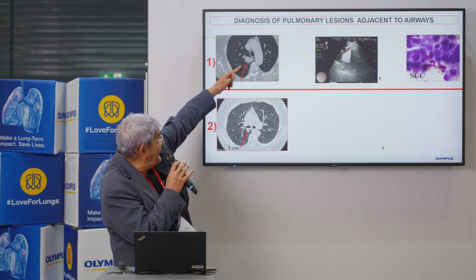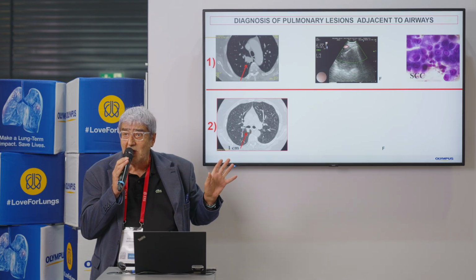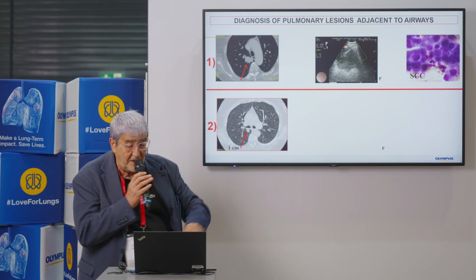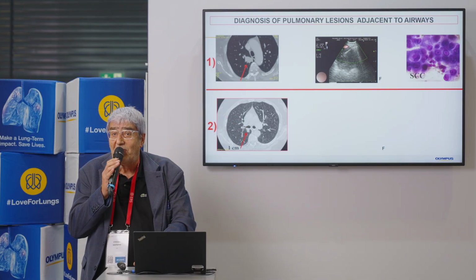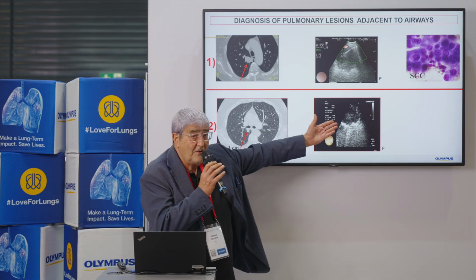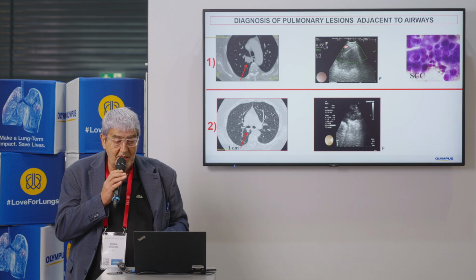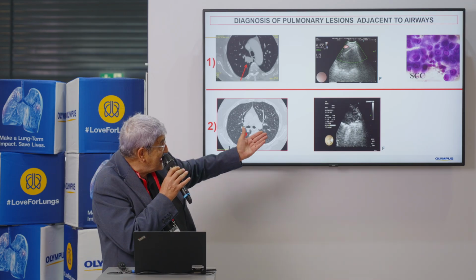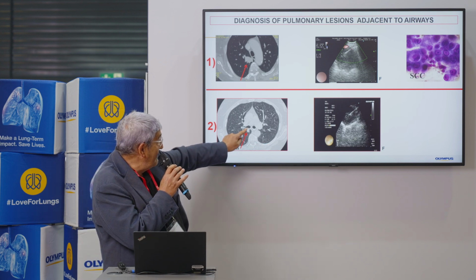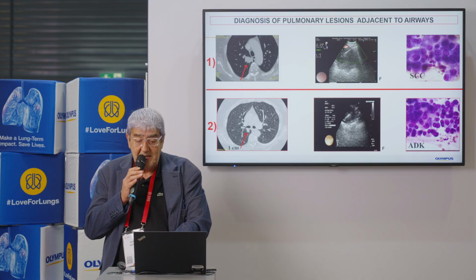Going into the periphery, we have a small lesion adjacent to the right main bronchus. Again, it's very easy to put your echo-bronchoscope on the orifice of the right main bronchus and look at it. You can visualize the lesion very well, and it was very easy to take a sample of this pulmonary lesion and to get a diagnosis of adenocarcinoma.